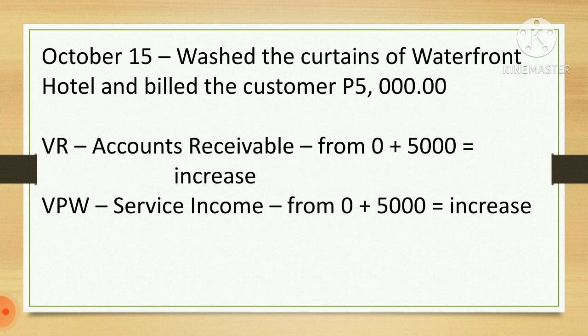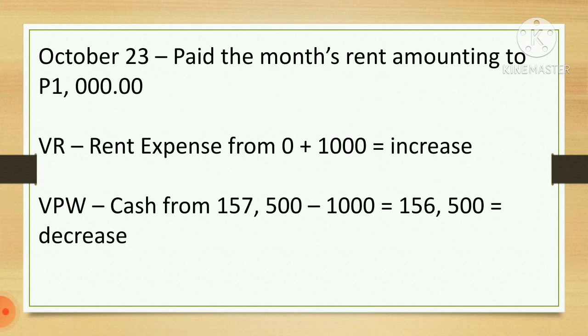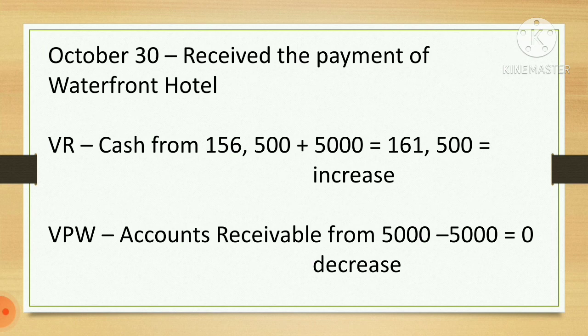Now for the value parted with, going back to the original transaction from October 15. Okay, so see here, supposedly your value received is accounts receivable. But when you were paid by Waterfront Hotel in October 30, of course, you have to also give out the accounts receivable. You will no longer think of your accounts receivable because you have already been paid.